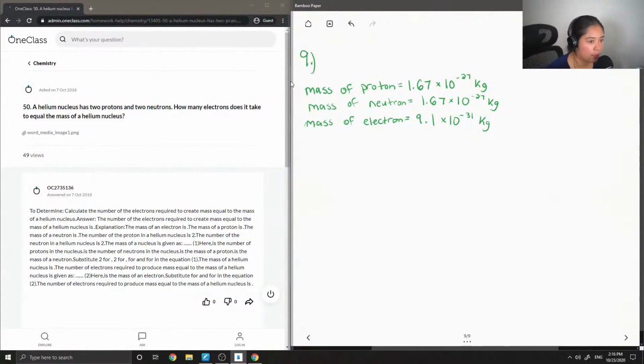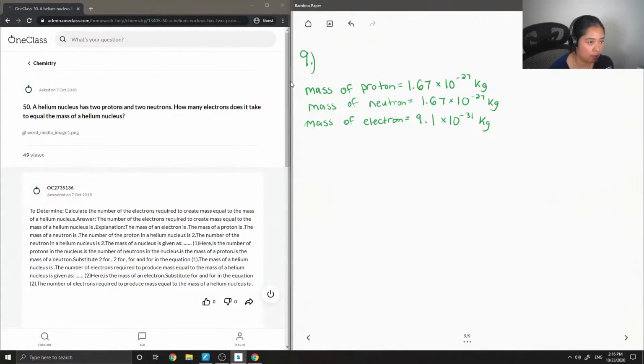If you compare these 3 masses, you'll notice that the mass of the proton and neutron are practically the same value. On the other hand, your mass of electron is way smaller. So what makes every element unique is that they all have different numbers of protons.